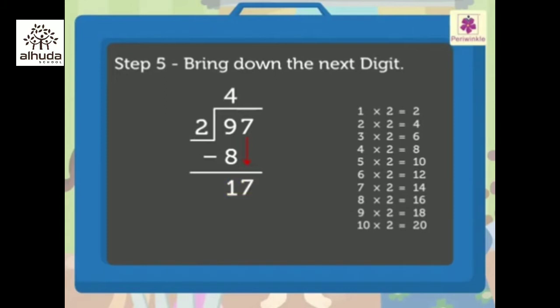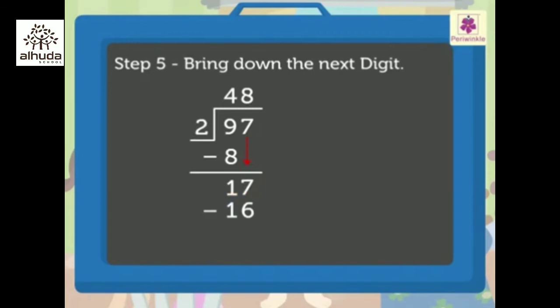The nearest product is 16. So, we write 8 above the 7. As we know, 8 into 2 is equal to 16. Write the number 16 under 17.